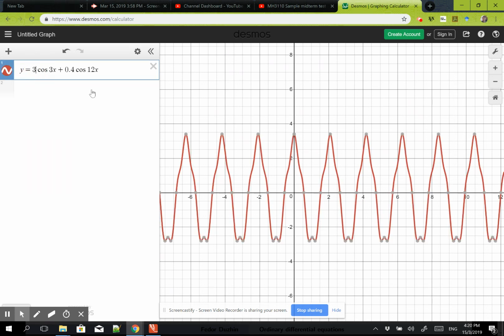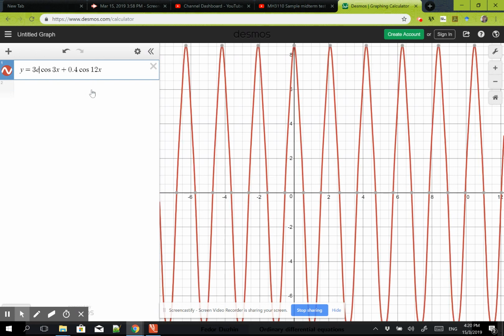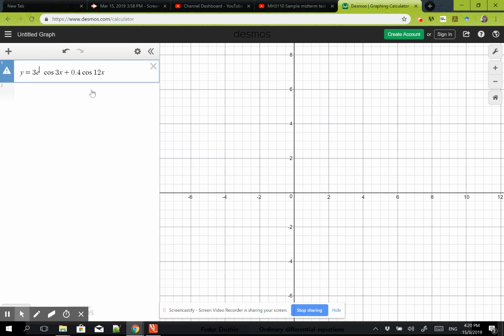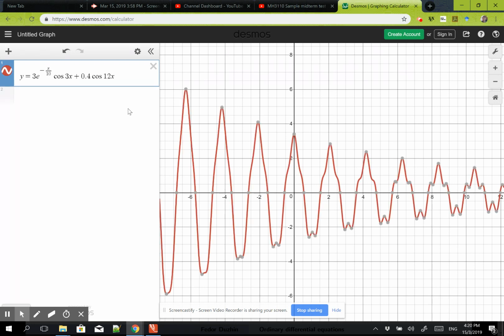But if we introduce a little bit of damping, say 3 cosine 3x is the internal oscillation, let me introduce some damping here, something like this.